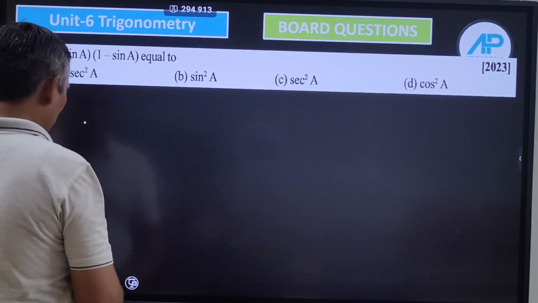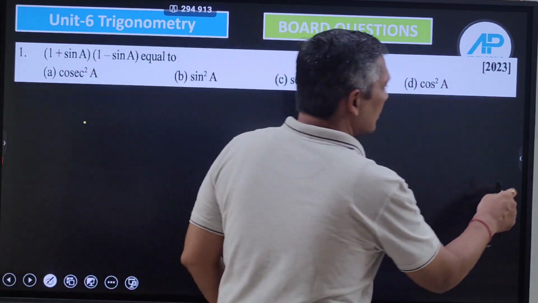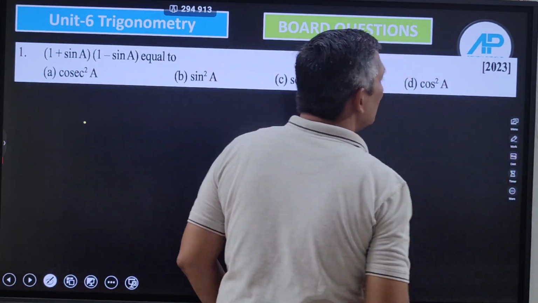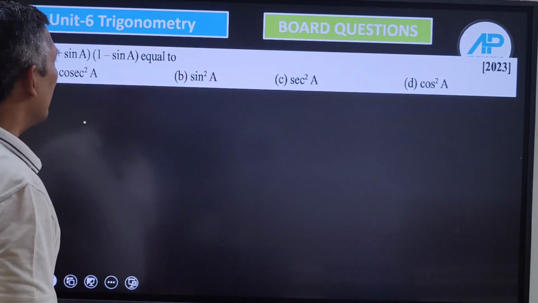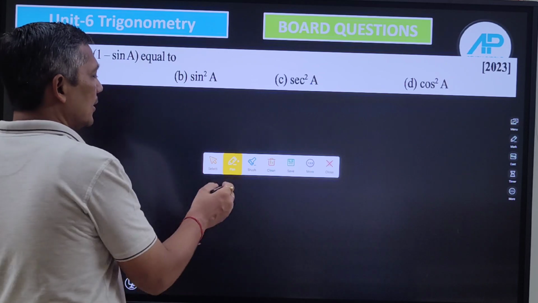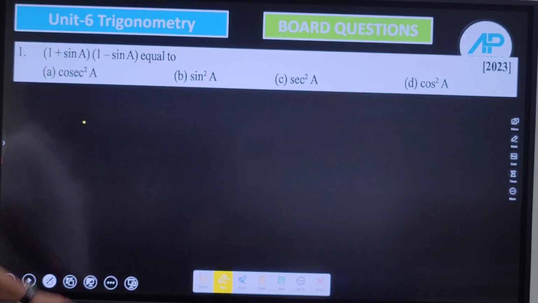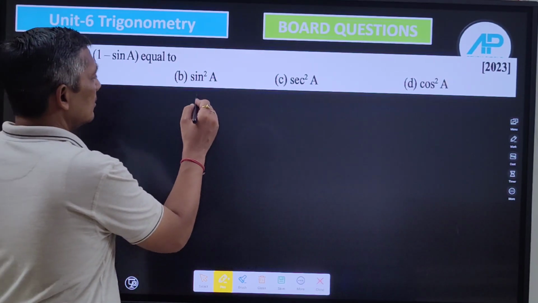So I've got (1 plus sine A) into (1 minus sine A), and they are asking what it is equal to. Let us see what the answer can be.